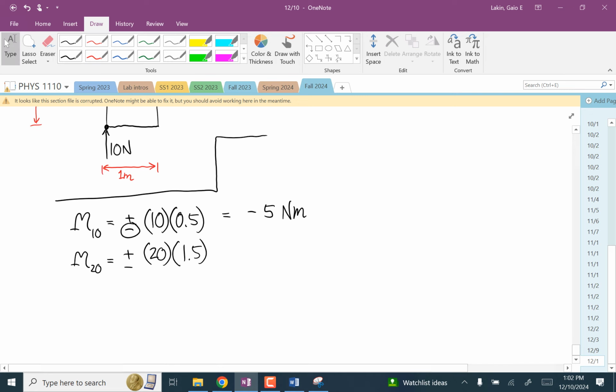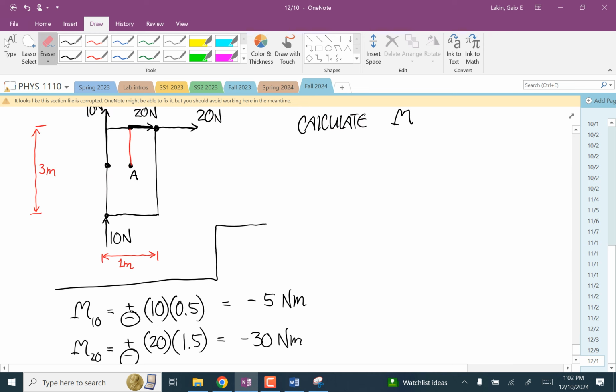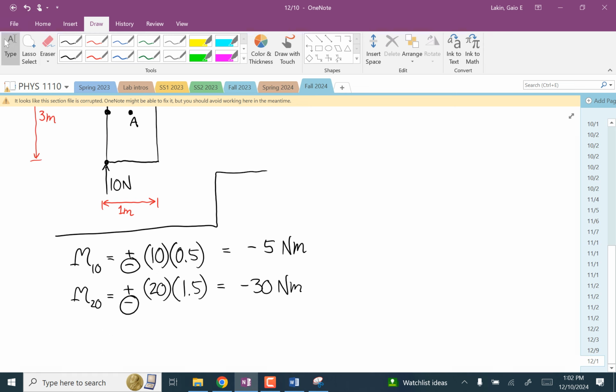Clockwise again, yep. And so you get negative 30 Newton meters. All together, add these up, and you get that the net moment is equal to negative 35 Newton meters.